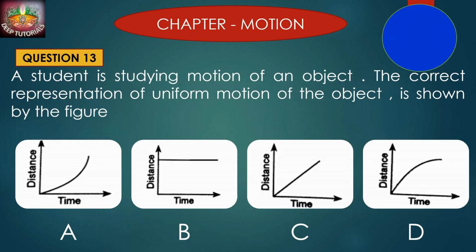Moving on to question number 13. A student is studying motion of an object. The correct representation of uniform motion of the object is shown by the figure.